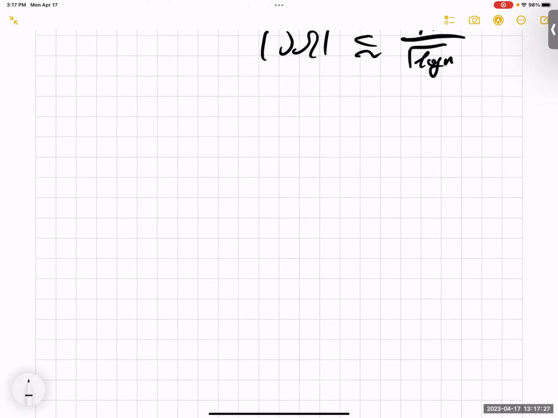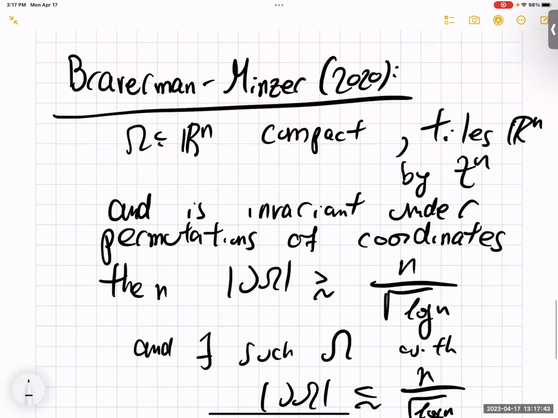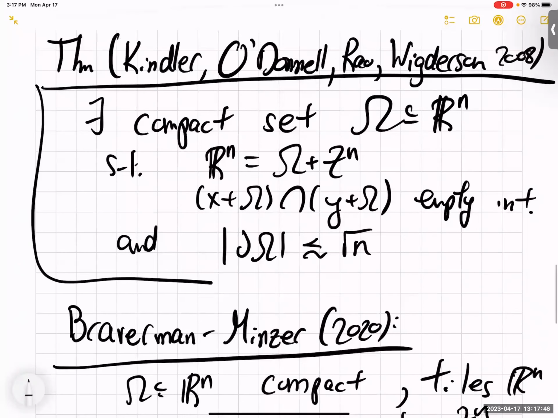So I want to say a few things about this. When somebody proves to you that there exists such a set which is not convex, some complicated looking set with this property, you can ask yourself, does this give evidence that there should be such a convex set or not?